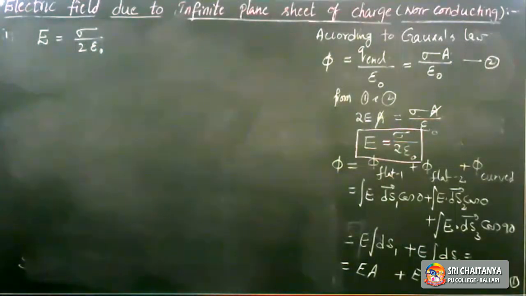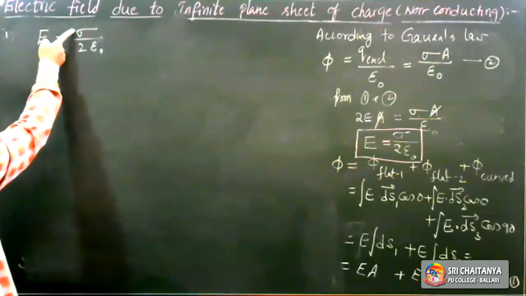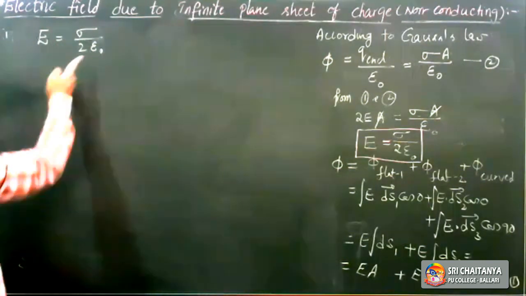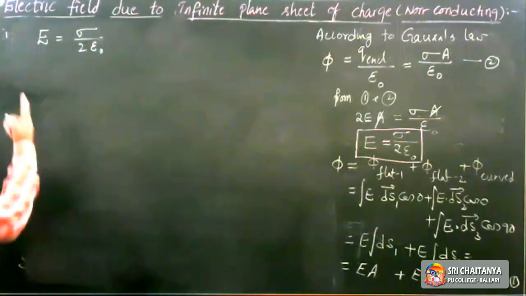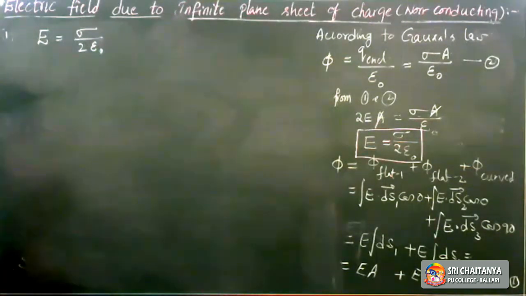If you observe that expression, sigma is surface charge density, epsilon naught is permittivity of the medium. There is no R term in that. There is no distance term in that. Yes or no? What does it mean?